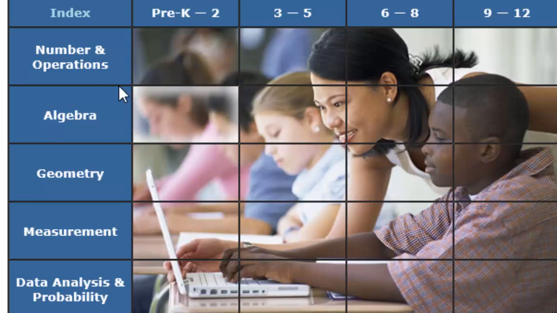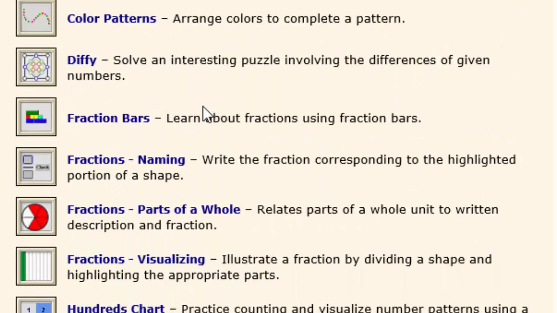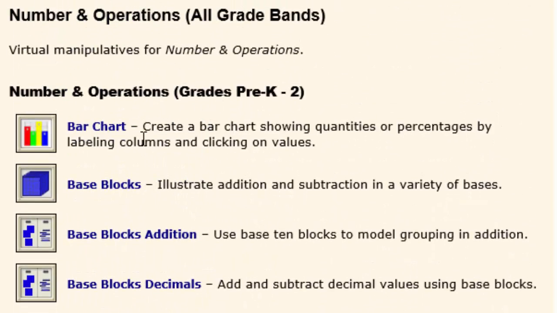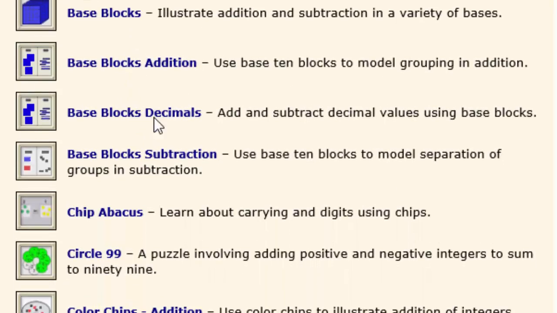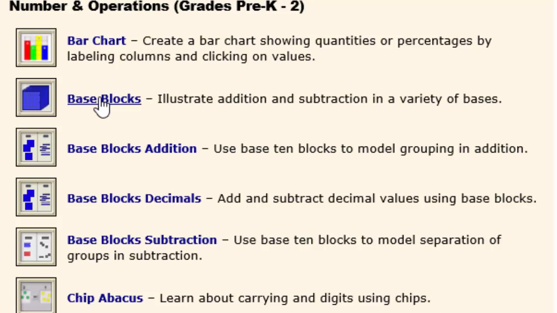So I'm just going to go in here to numbers and operations because that's where we start in this class. And you can see the possibilities here, bar charts, base 10 blocks. I like base 10 blocks because that is the basis for everything we do.